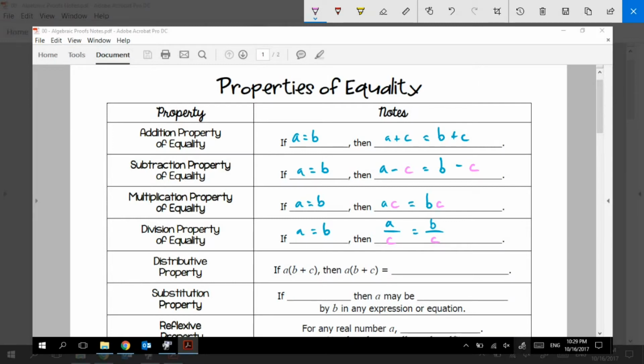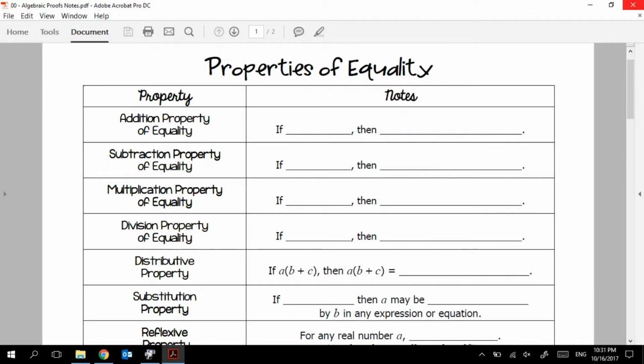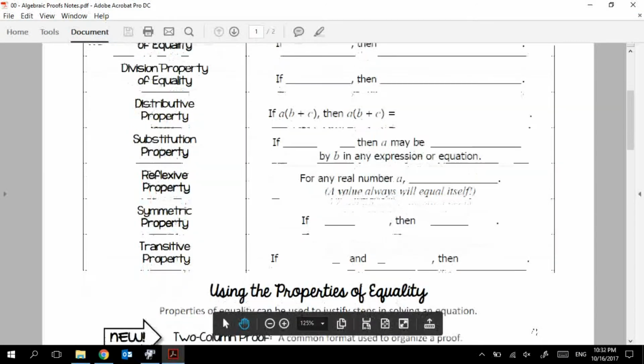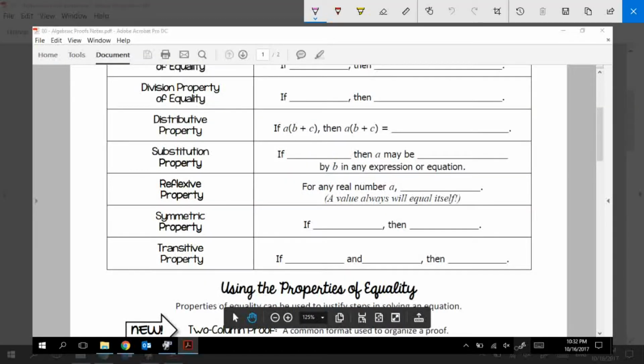Distributive property. Let me scroll down a little bit. Here we go. So we're gonna hit the rest of these ones. Okay, so let's check these ones out. The distributive property. If A times (B plus C), then A times (B plus C) equals, you guys should know this. What would we do here? We would distribute.